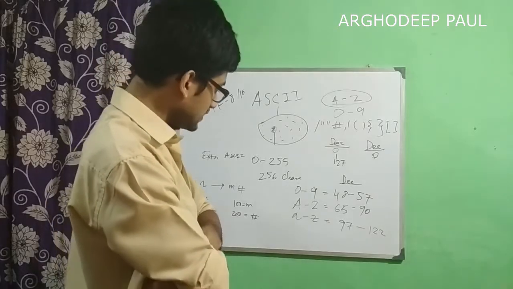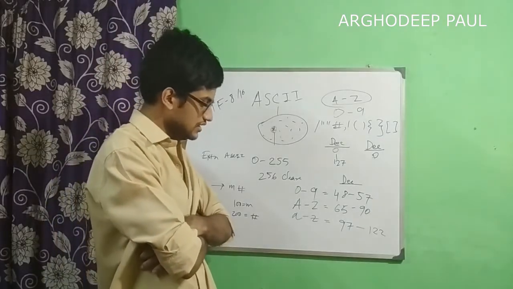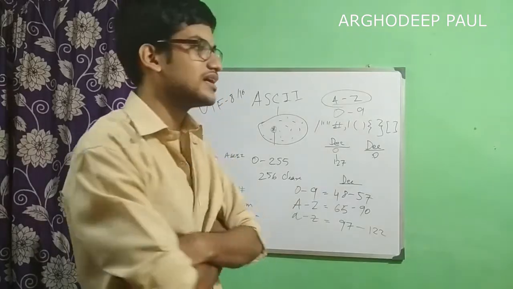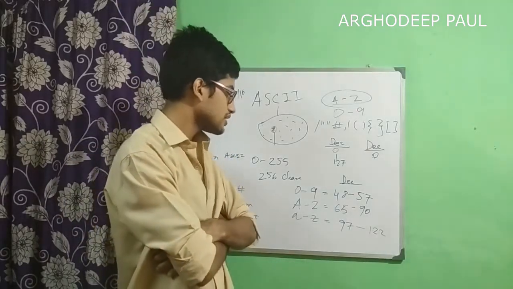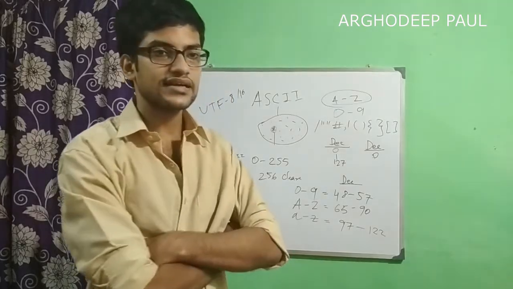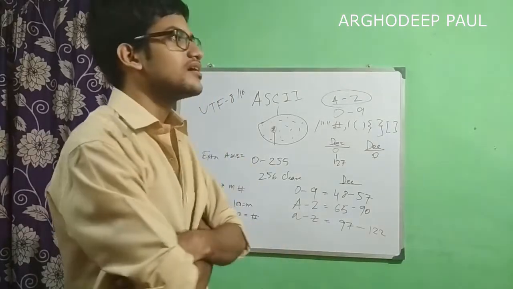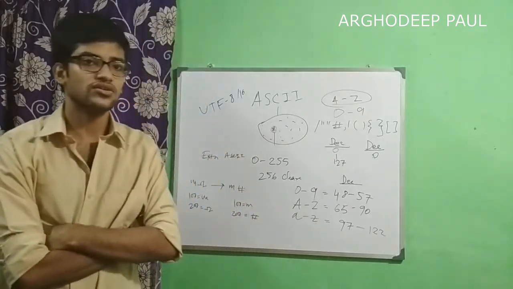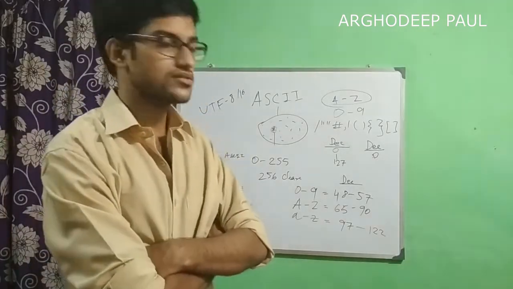This will finally be expressed in 7 bits of binary form. If you are working with only the 128 characters of standard ASCII, then you will have to include that parity bit, which is 0 at the leftmost side.